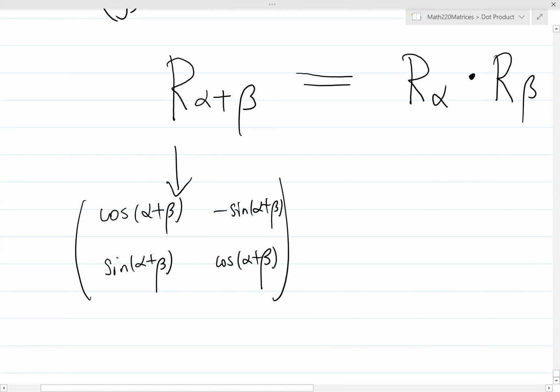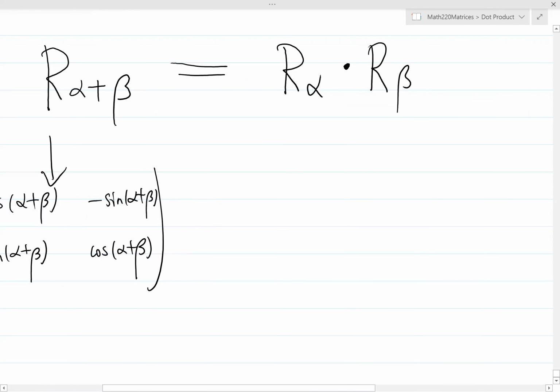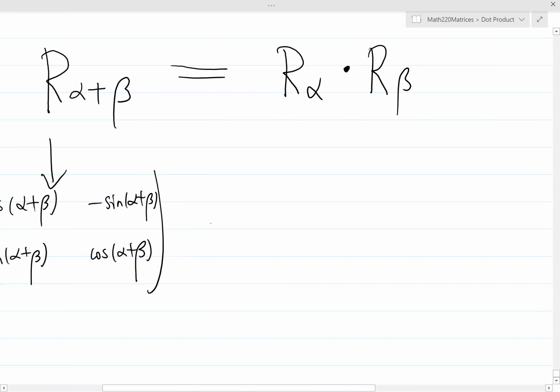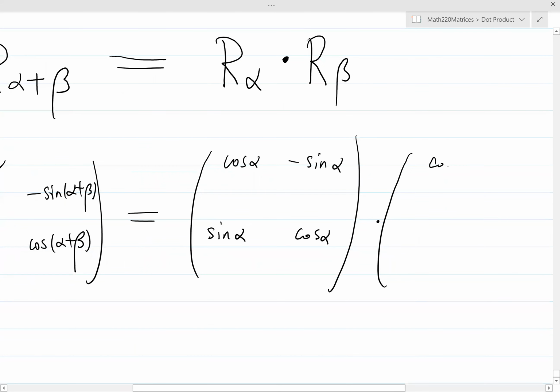And then the right side we get two matrices: cosine alpha, negative sine alpha, sine alpha, cosine alpha, and then the matrix corresponding to beta: cosine beta, negative sine beta, sine beta, cosine beta.